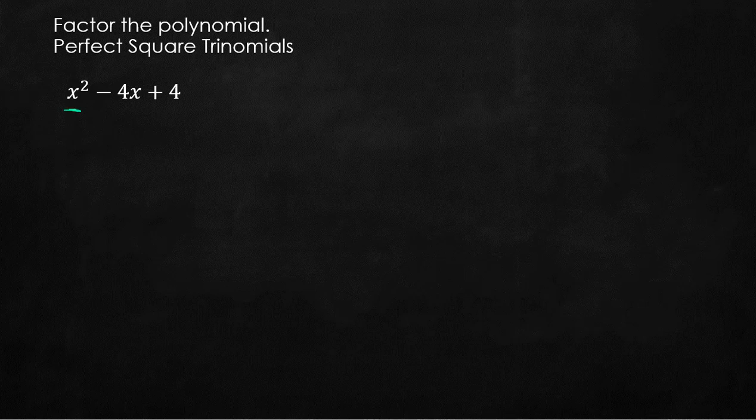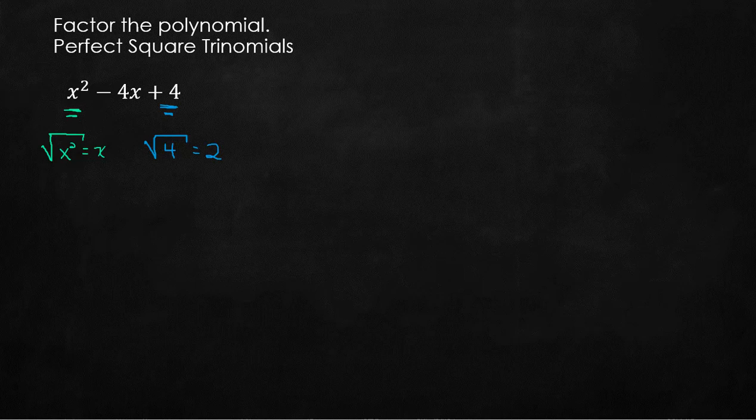You may notice this term is a perfect square, because if we take the square root of x squared, you just get x. And this term is also a perfect square, because the square root of 4 is 2. So this is a special case perfect square trinomial.